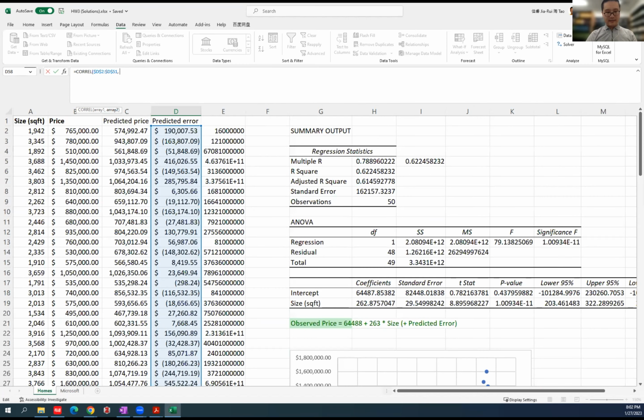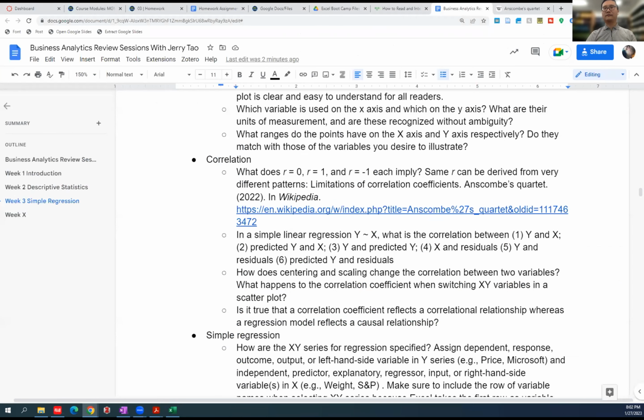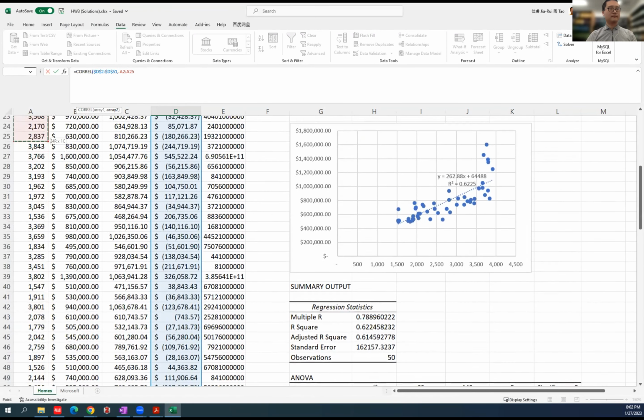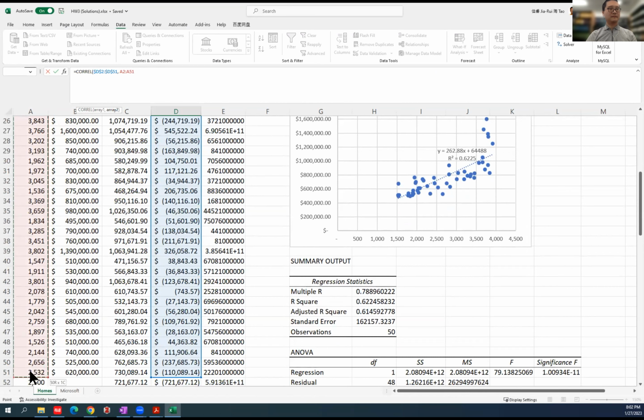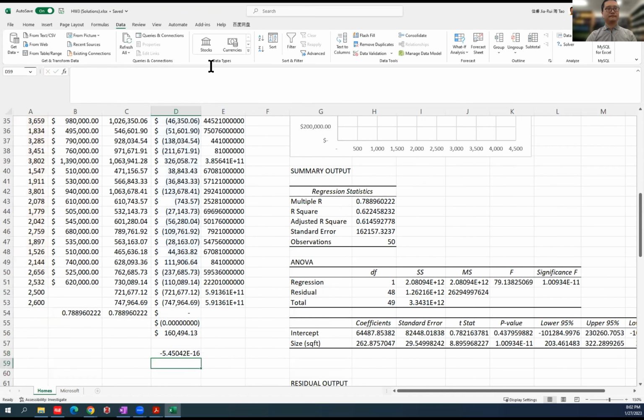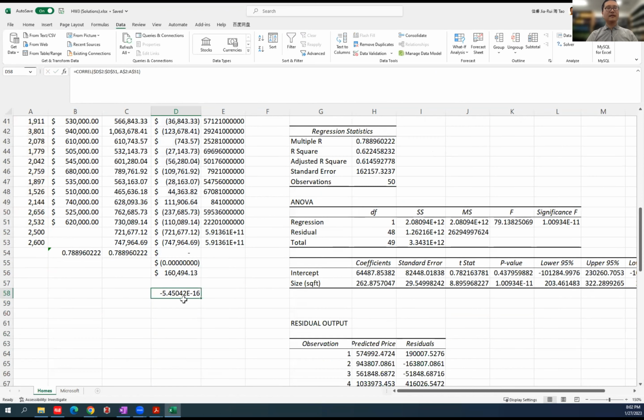So let's calculate, for part 4, x and residuals. All right. As you can see here, it's essentially 0. This e means it's 10 raised to the negative 16th power, so it's very close to 0.